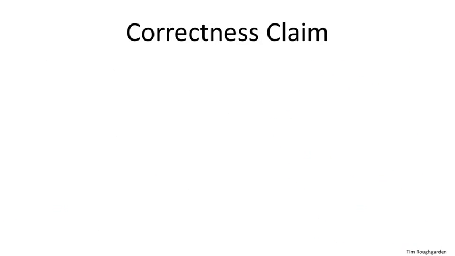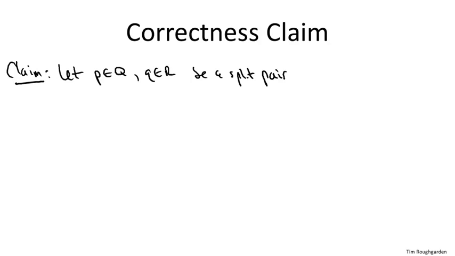So let me phrase the claim in terms of an arbitrary split pair which has distance less than delta, not necessarily the closest such pair. So suppose there exists a point p on the left side and a point q on the right side, so that is a split pair. And suppose the distance of this pair is less than delta. Now there may or may not be such a pair of points p, q.